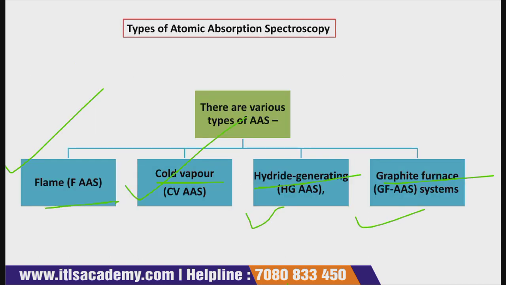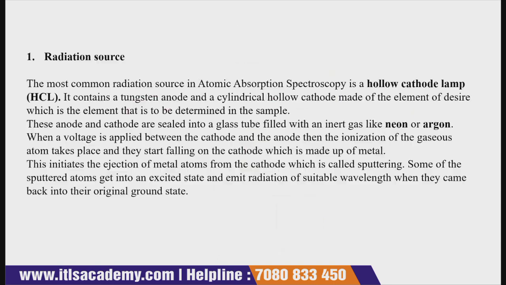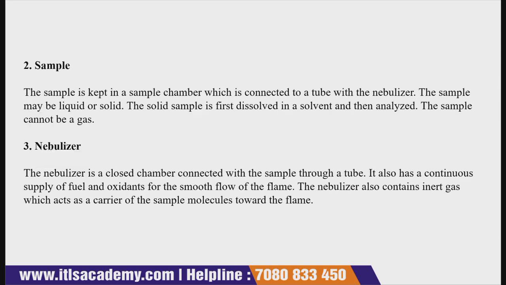Then they can ask you what the types of atomic absorption spectroscopy are. Basically there are four types, and one type I have explained here, that is the flame one. The flame atomic absorption spectroscopy, this whole setup is of the flame. I have already discussed the various components, such as the radiation source, what sample could be used, and what a nebulizer is.